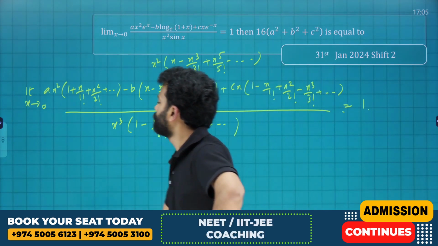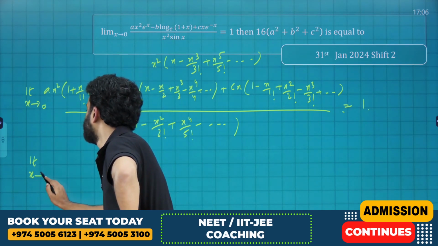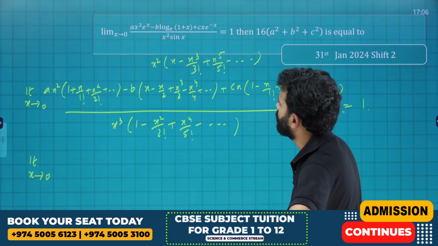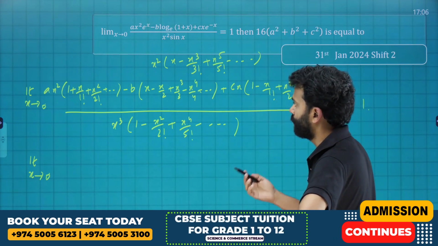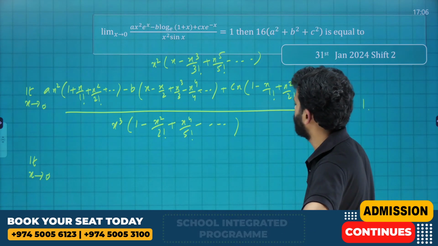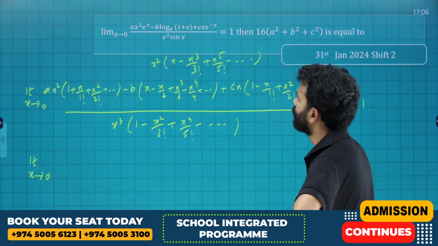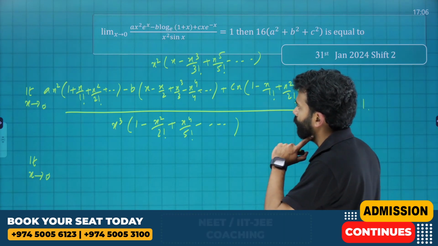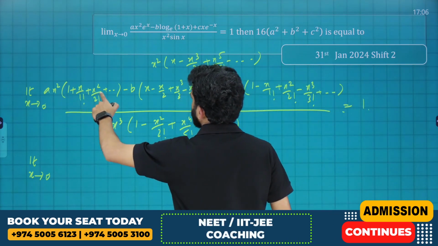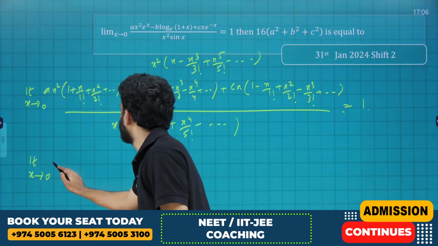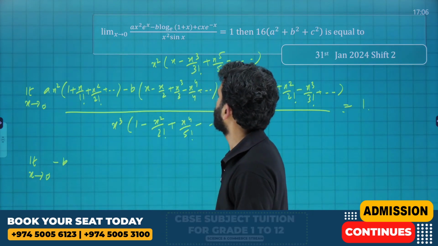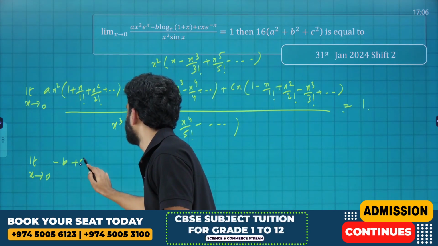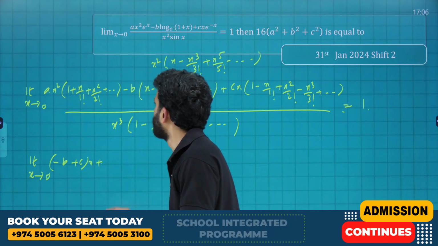Okay, so it will be limit x tends to 0. I think there is no term which is independent of x, right? Every term is dependent on x on the numerator. So the terms which are dependent on x, that is minus b plus c into x plus x square.